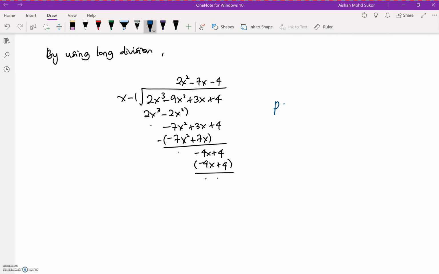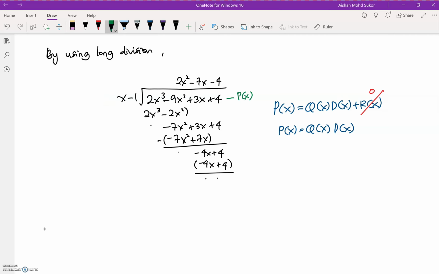Recall that we have p(x) is equal to q(x) d(x) plus r(x). As our remainder is 0, therefore we end up with p(x) is equal to q(x) d(x).